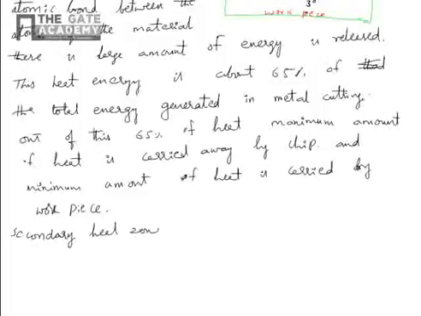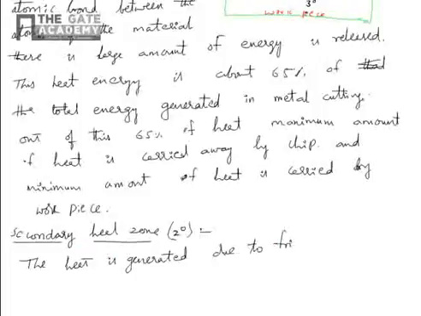What happens in the secondary heat zone? In the secondary heat zone, the heat is generated because of the friction between the chip and tool interface. So due to friction between chip and tool, heat is generated in the secondary zone.